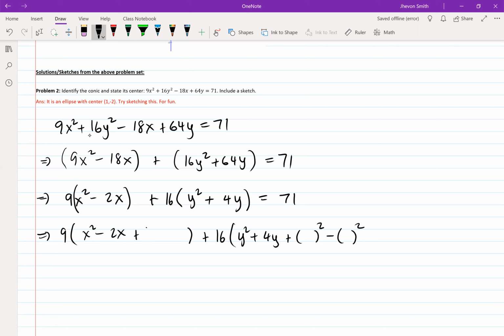Here I'm going to add something squared, subtract something squared. Now the thing you add and subtract is going to be half the coefficient of x. So half of -2, that's -1. Half of +4, that's +2.